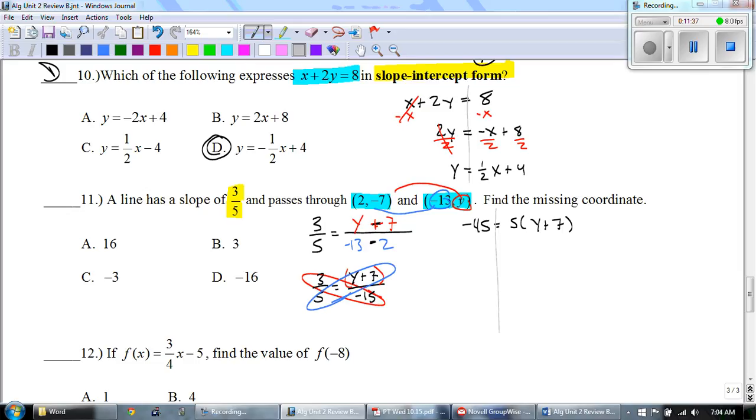Now we solve. I have to distribute the 5, so we get -45 equals 5y plus 5 times 7 is 35.